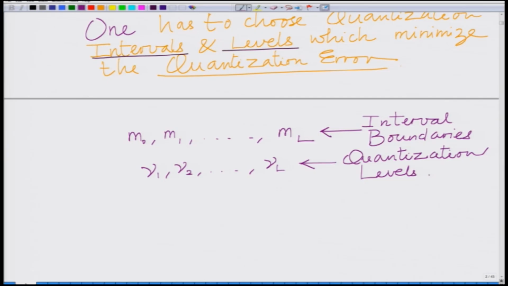That constitutes a complete quantizer, because once you determine the interval boundaries, when the signal sample lies between mk and mk plus 1, you quantize it to nu k. Once we characterize the set of interval boundaries and the levels in each quantization interval, we have completely characterized the quantizer. So, we have to optimally choose these quantities. Now, how does the Lloyd max algorithm optimally choose these quantities?